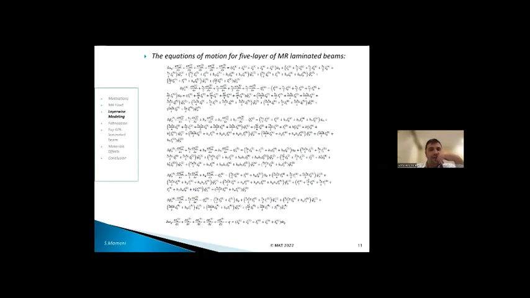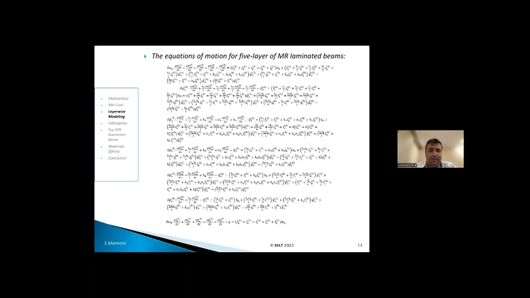By putting n equal to 5, we can calculate the equations of motion for the 5 layer MR laminated beam. About the finite element of this model and the equations of motion, I published another journal article that you can see if you want.